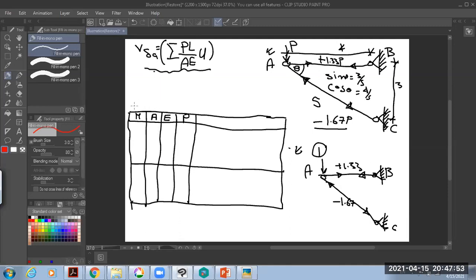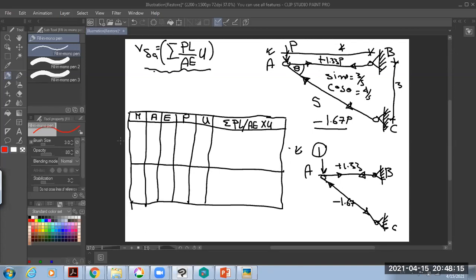This is the internal forces due to the external load, and U, the internal forces due to the unit load, and sigma B L over A E multiplied by U.